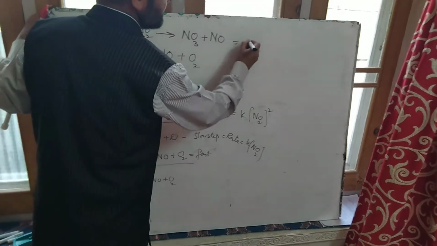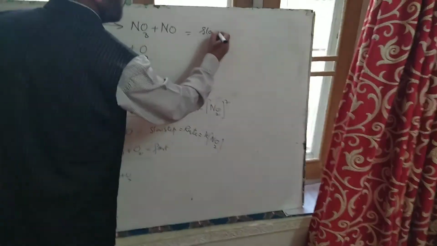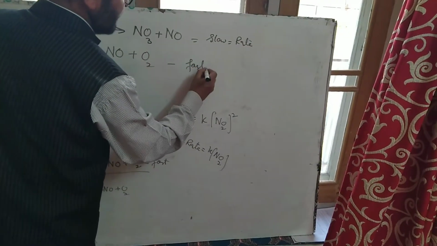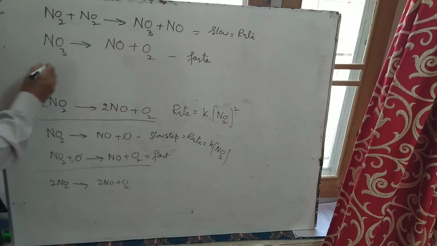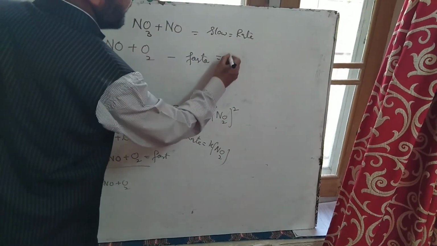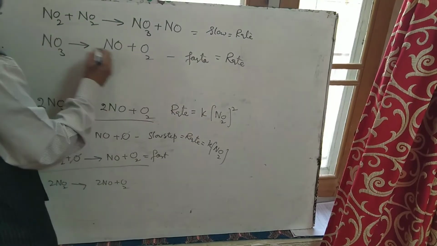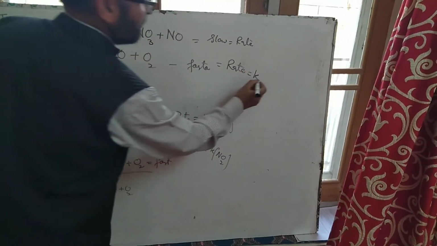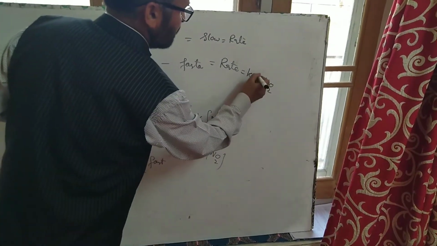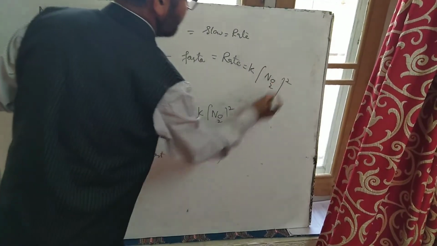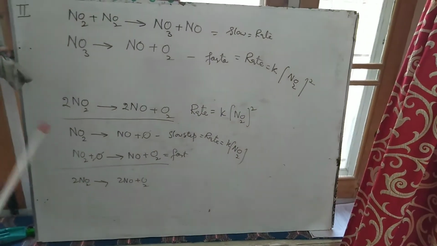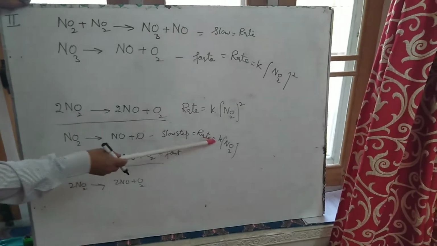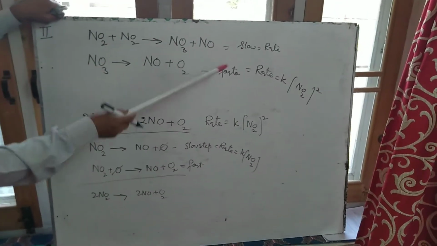This is the fast step. So the rate depends upon the slow step. In this mechanism, rate is equal to K NO2 raised to power 2. Now, in the first mechanism, we have seen that rate is proportional to K NO2. Here it is NO2 raised to power 2.